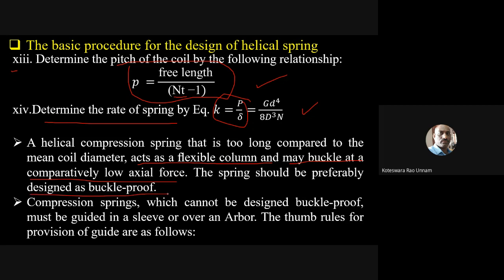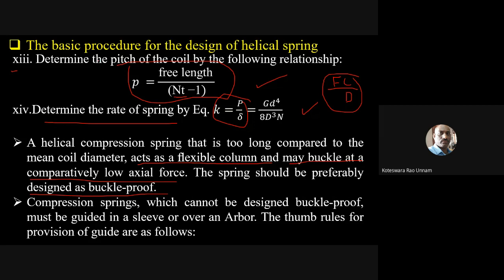That means if the length is too long compared to the mean coil diameter, that is, the ratio of free length of the spring to the mean coil diameter, free length divided by mean coil diameter, this parameter will decide whether your spring is going to buckle or not.